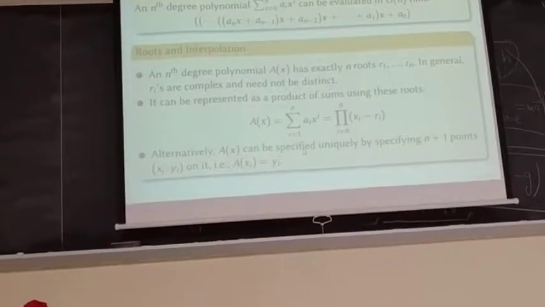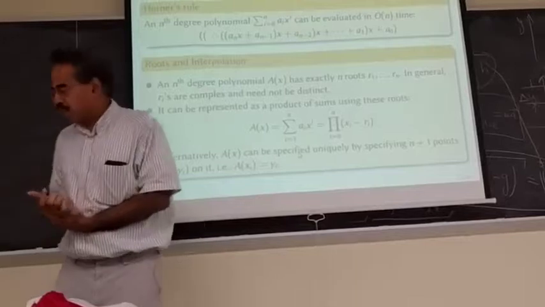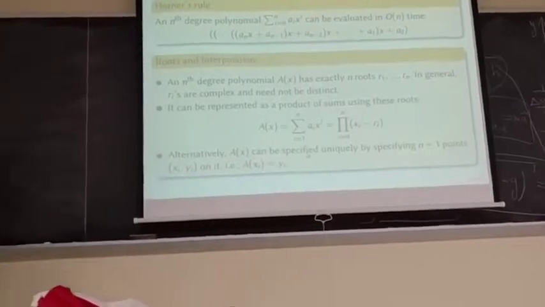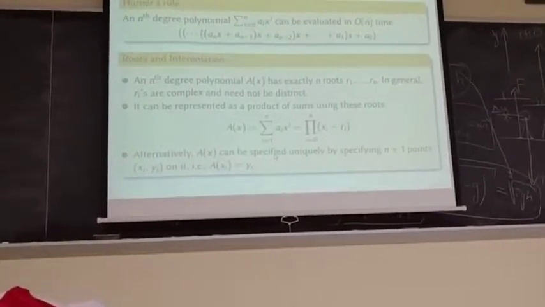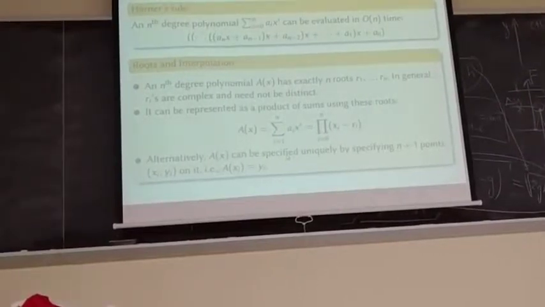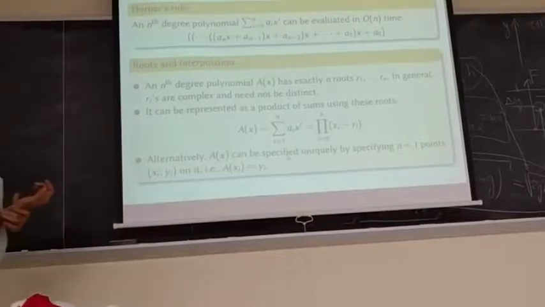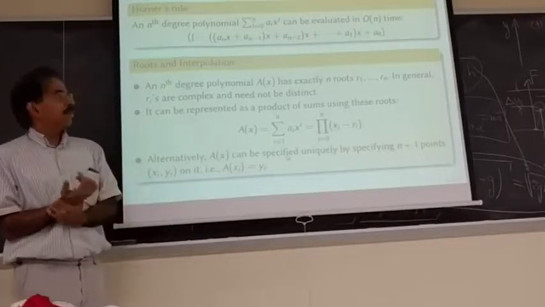Now that we see the association between multiplication of integers and polynomials, let's revisit some of the basic properties of polynomials. The first one is, how do you evaluate a polynomial efficiently?